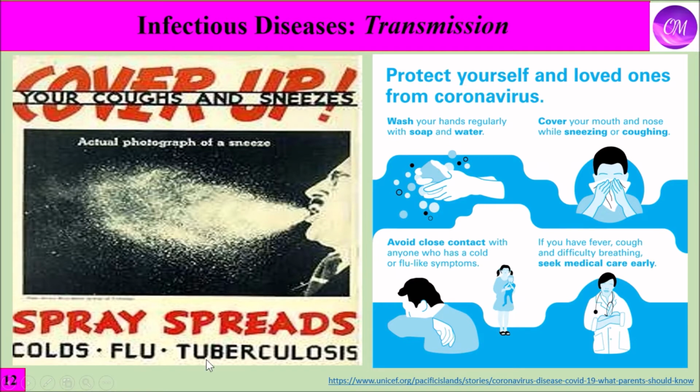Here you see the illustrations regarding the transmission of infectious diseases. Now in our days, you see the pandemic of the coronavirus, so you have to wash your hands regularly with soap and water. You have to cover your mouth and nose while sneezing or coughing.